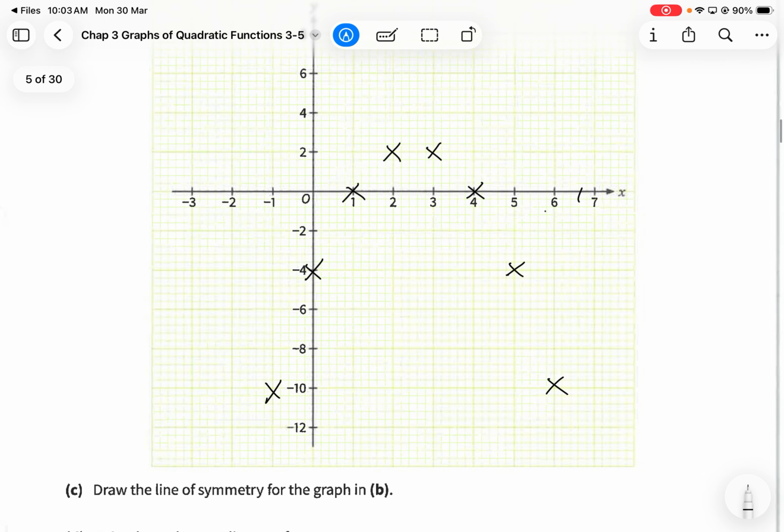Okay? After that, join them together. Turn your book around if you are drawing freehand.